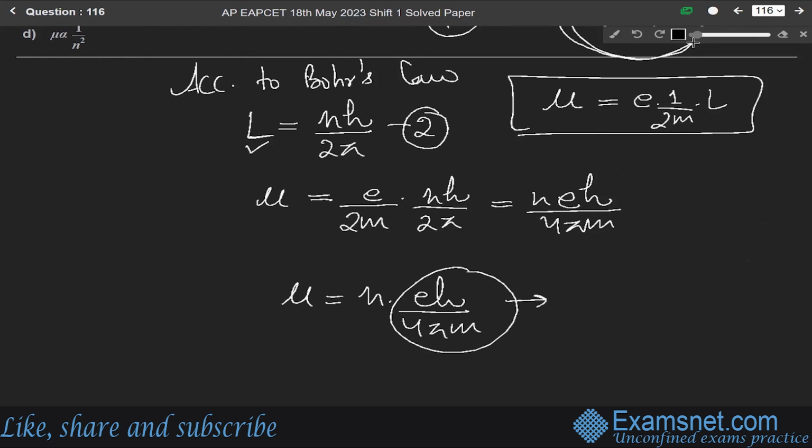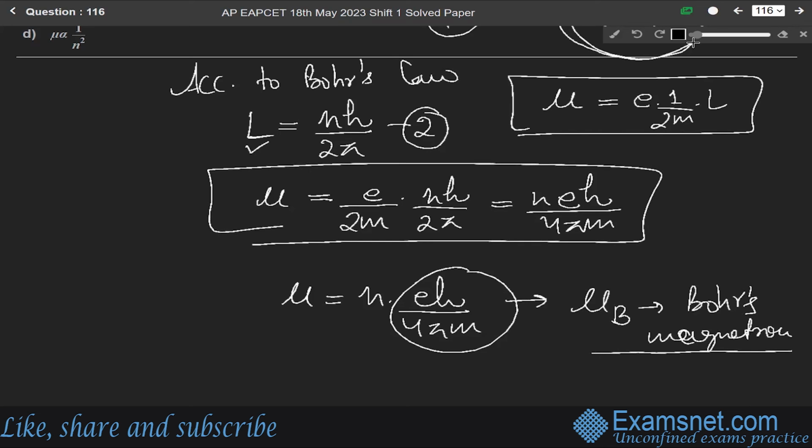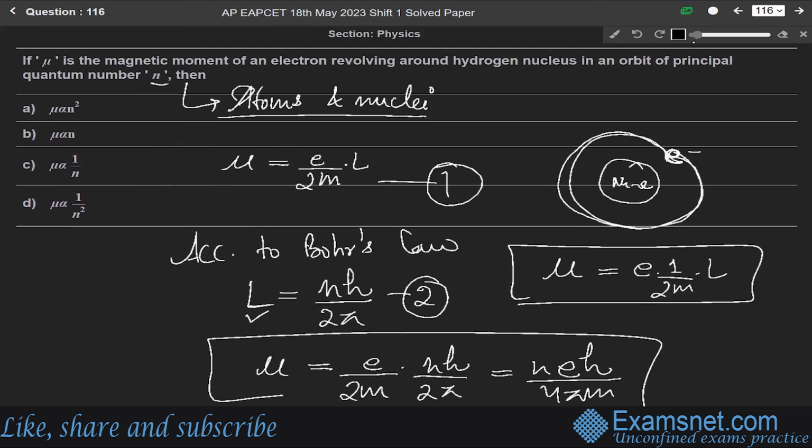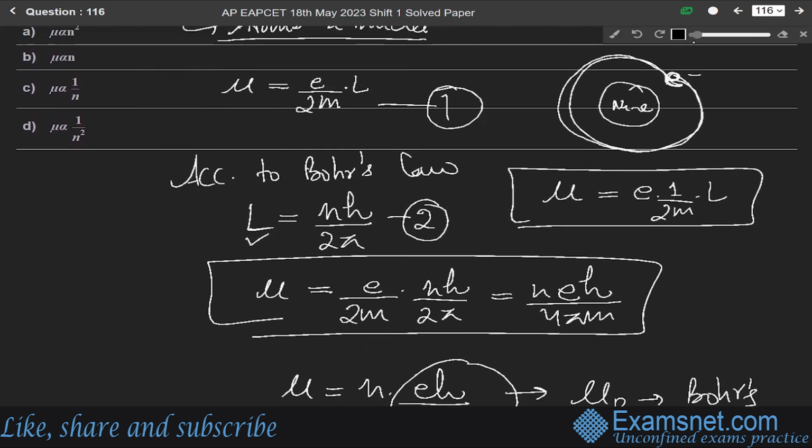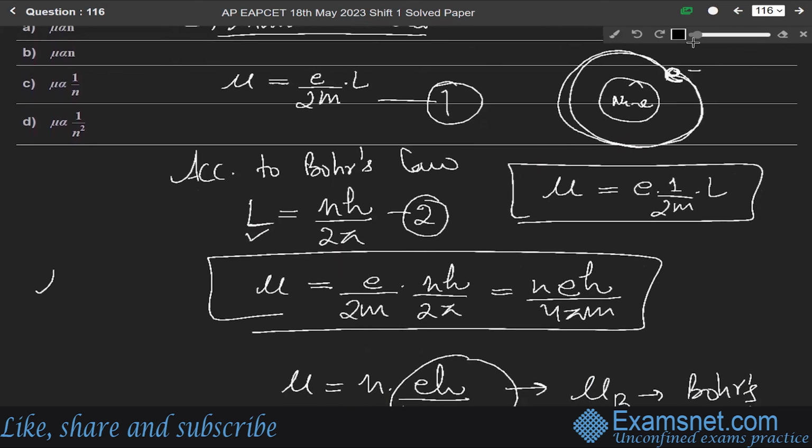This eh over 4 pi m we can write as mu B, where mu B is called Bohr's magneton. So from this relation, the correct option is neh over 4 pi m, meaning mu is directly proportional to n. So option B is the correct answer.